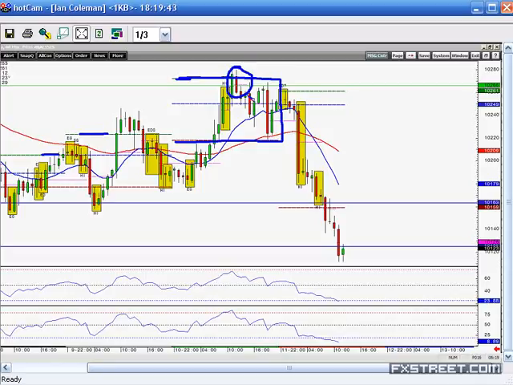So we know that the bias is to the upside, but we also know that this price action's pretty choppy. And if we fail to break the top of the value area, normally in quite early price action, then we look for a move underneath yesterday's point of control. So the price moves down, moves back up, and then we get that break. So the bias then is skewed to the downside.